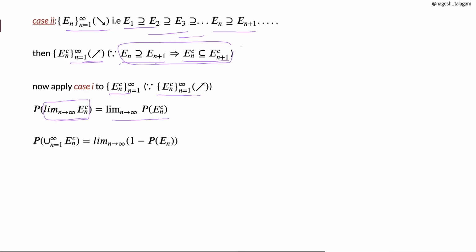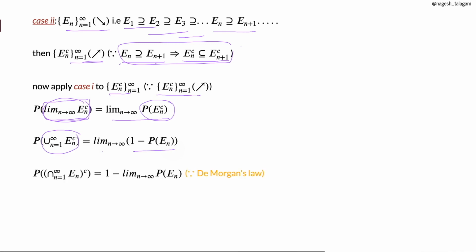So in the next step, I'm going to replace this limit En complement with the union n equal to 1 to infinity of En complement. And on the right hand side, this probability of En complement, I'm writing as 1 minus the probability of En.